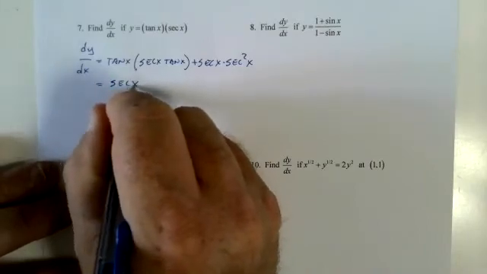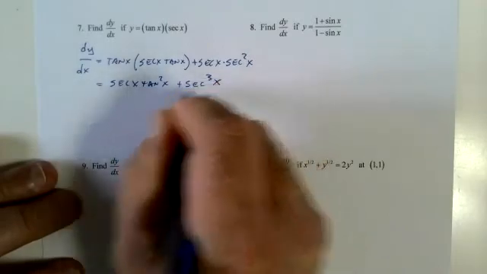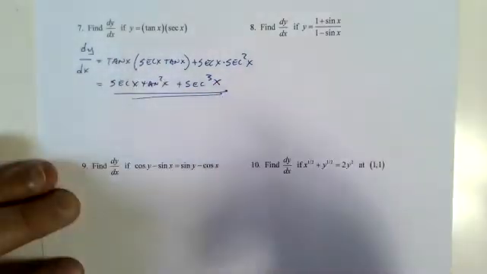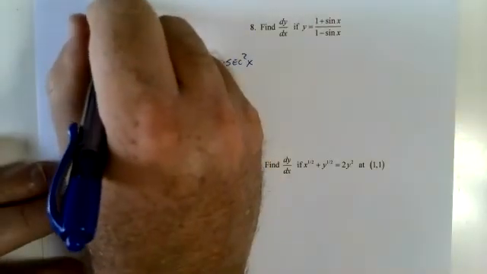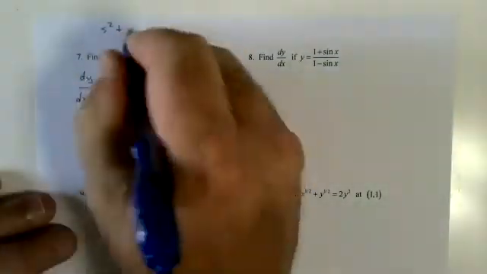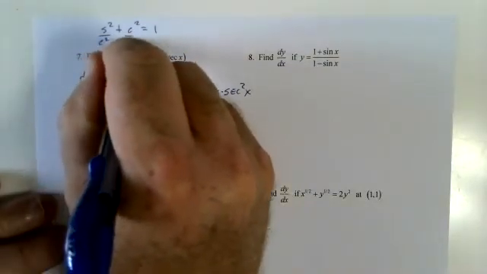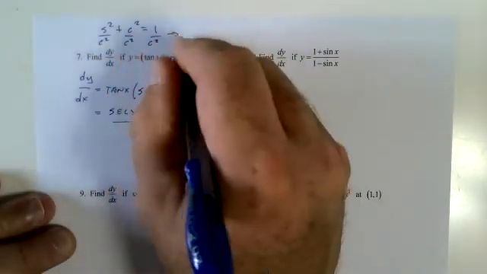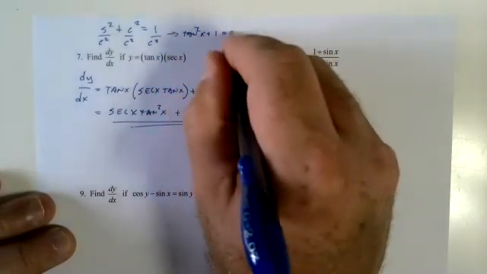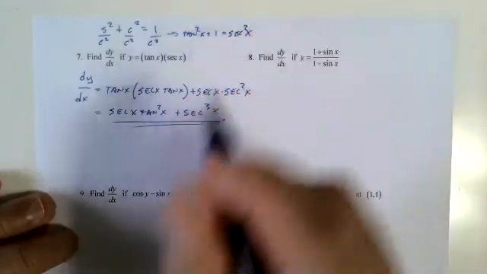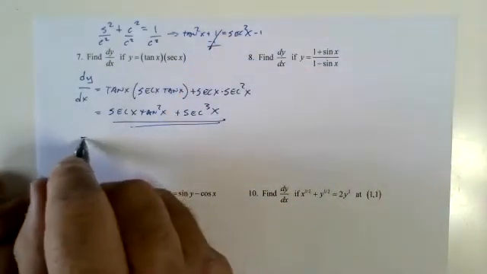Secant x tangent squared x plus secant to the third x. Call it. However, I happen to know that if I replace tangent squared, sine squared plus cosine squared equals 1. I want tangent squared, divide them all by cosine squared. I get tangent squared plus 1 equals secant squared. So that means minus 1, minus 1. I could go secant.